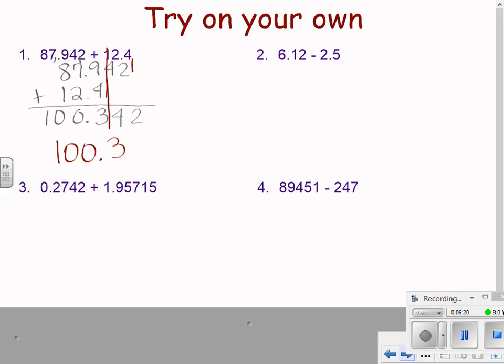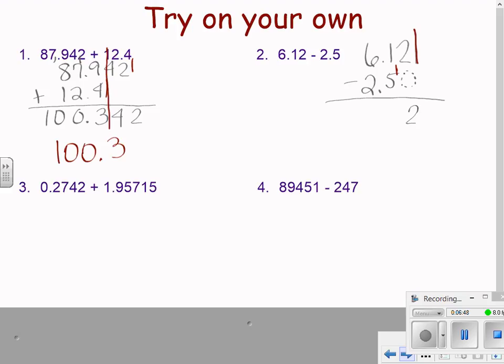If we go on to question number 2, 6.12 minus 2.5, I'm going to mark where my precision is right now. I can either round at the end in the hundredths, or I can add a 0.